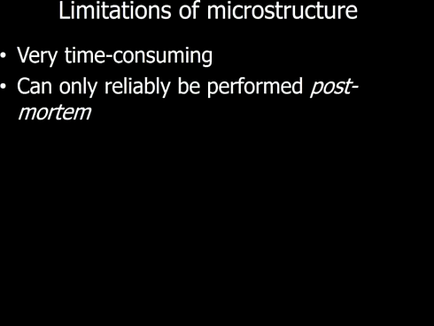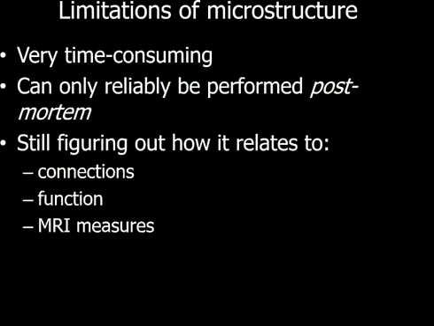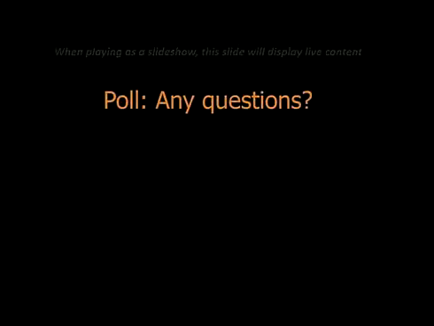It can only reliably be performed post-mortem, so that relies on donated brains or animal brains. And we're still figuring these things out. So those findings that I showed you are very, very specific. They're just about the layer 3 density versus the macroscale connectivity of the whole brain. So it's going to take a while until we can actually line these things up well. And we don't know what that means in terms of comparing across groups and so on.